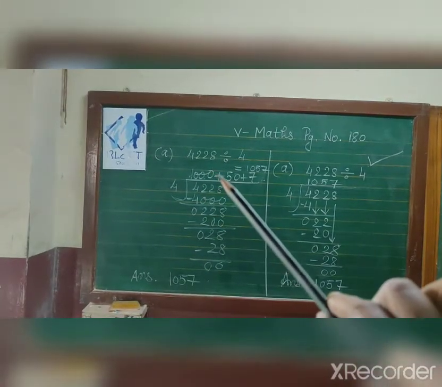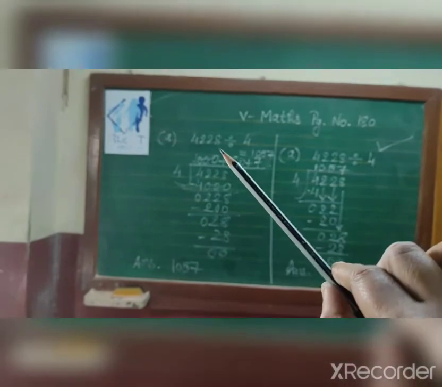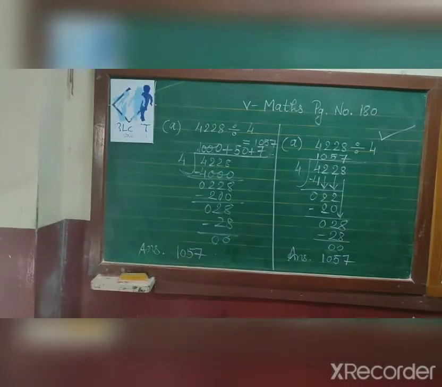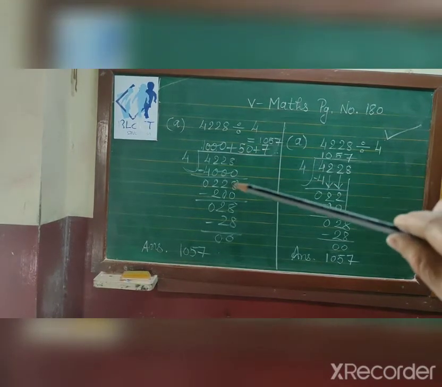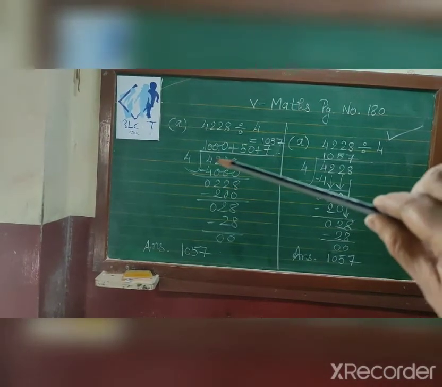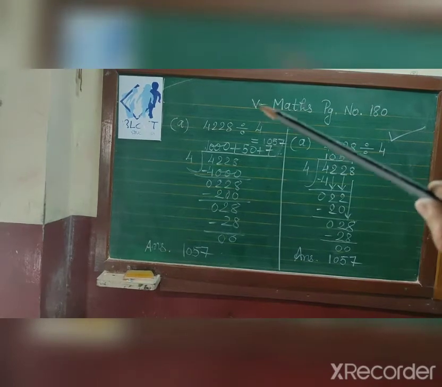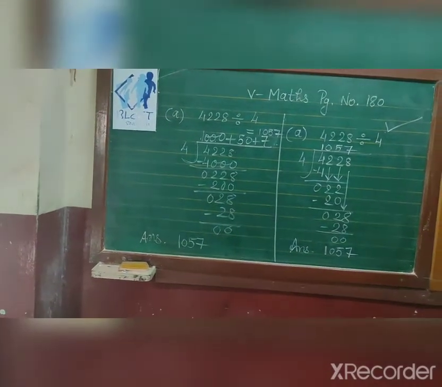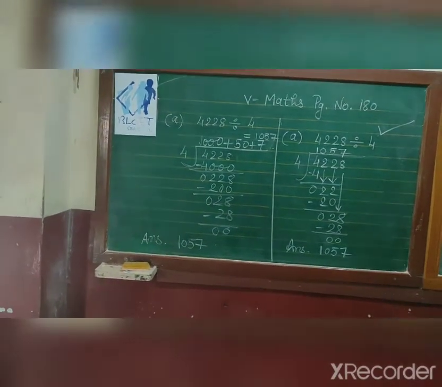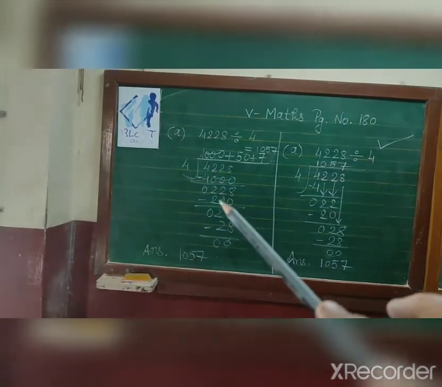So first I am multiplying by 1000. So 1000 into 4 is 4000. So subtract. The left value is 228, because 8 minus 0 is 8, 2 minus 0 is 2, and 4 minus 4 is 0. So now 4 ones are 4, 4 twos are 8. Now here it is ones, tens, 100.